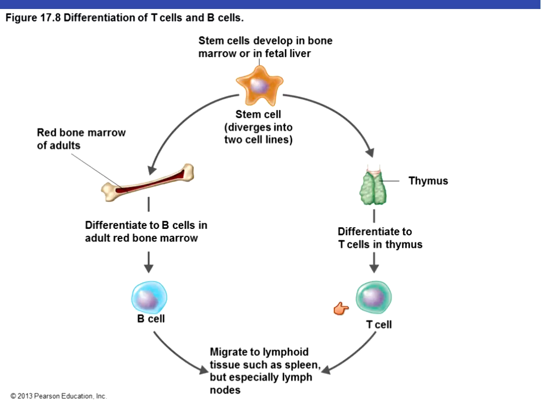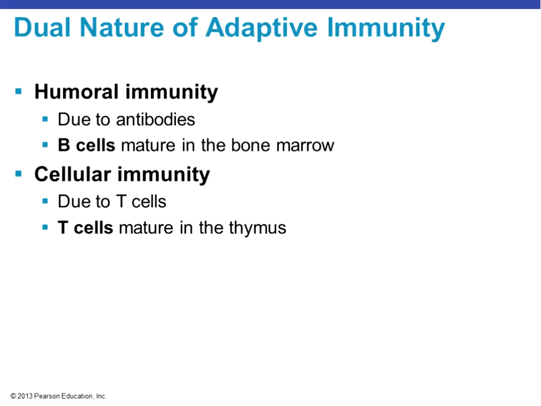We have cytotoxic T cells, which we talked about a little bit in the last chapter, helper T cells, and regulatory T cells. There are different camps of T cells that will do different jobs in order to maintain this immune response. And both the T cells and the B cells also have memory cells.